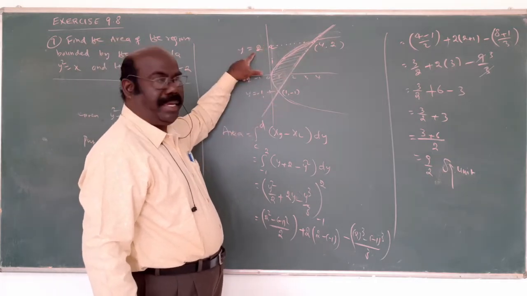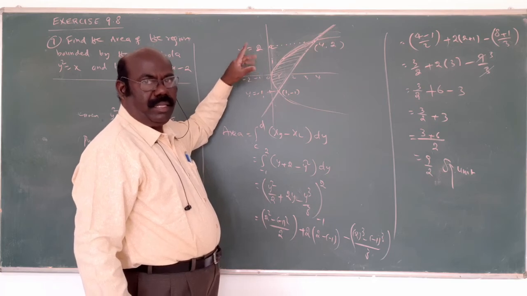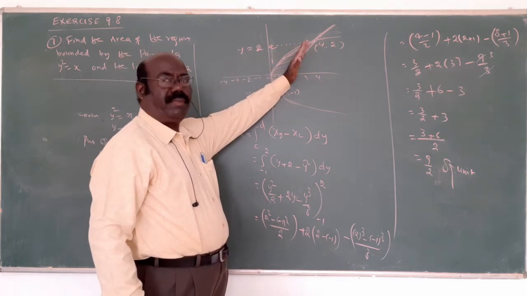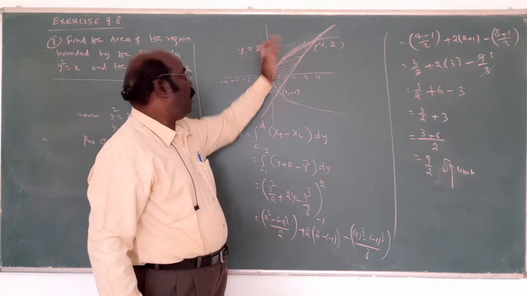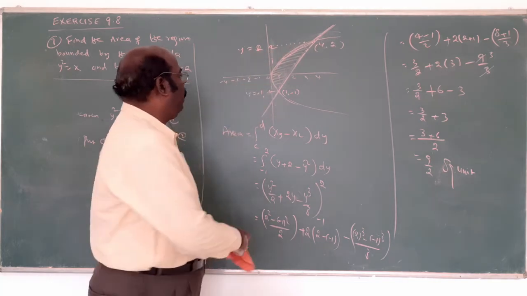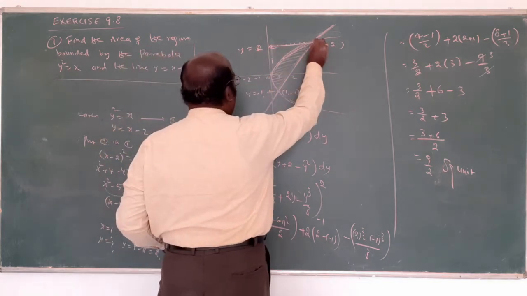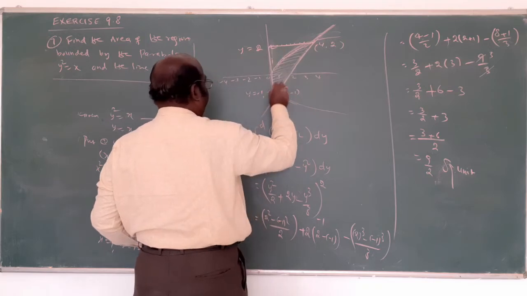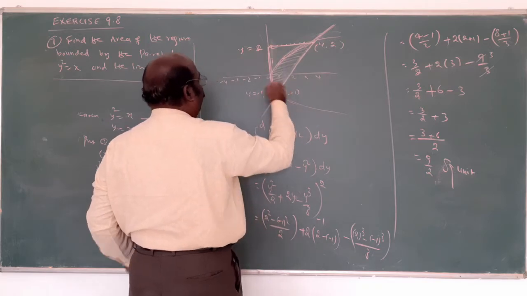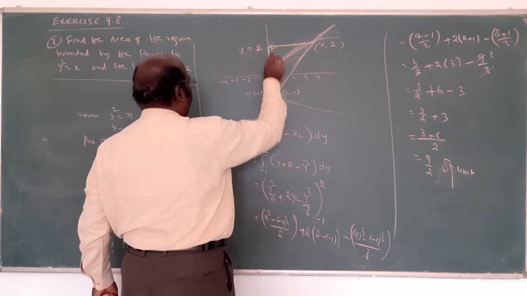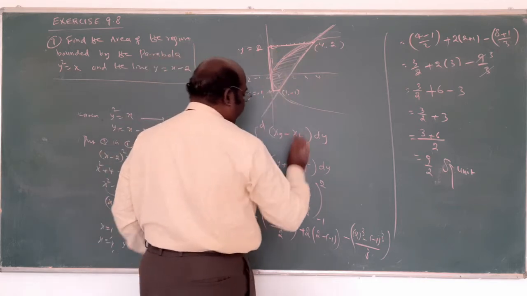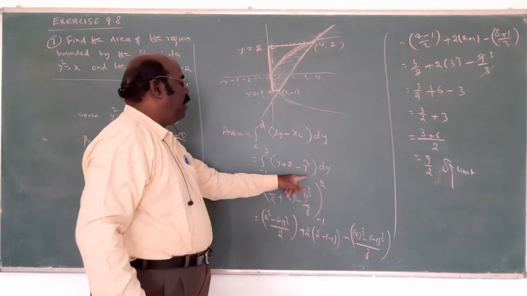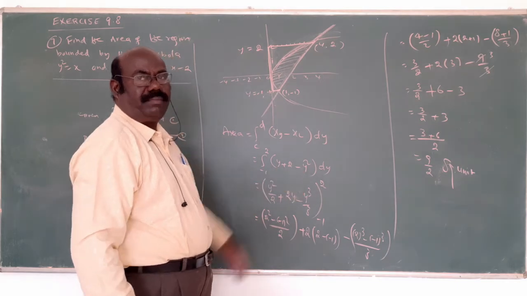Minus 1 to 2. The area of the straight line between y equal to minus 1 and 2, about the y-axis, gives the whole area. From this area, we subtract the below-parabola area. The line area minus the parabola area. That's all.